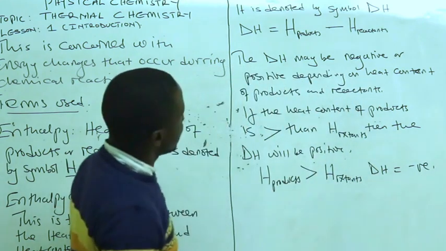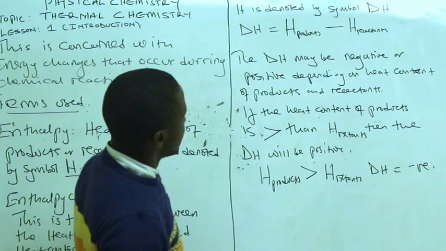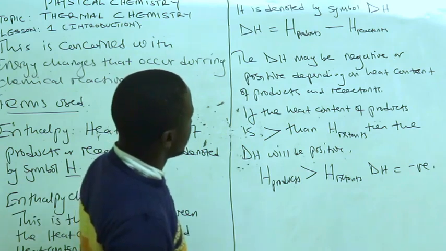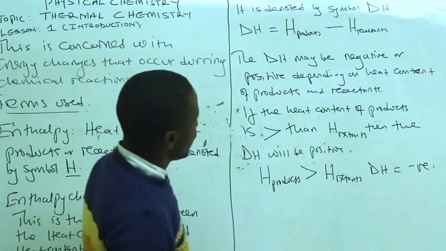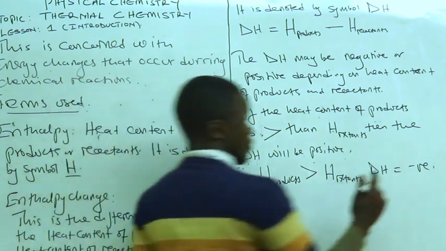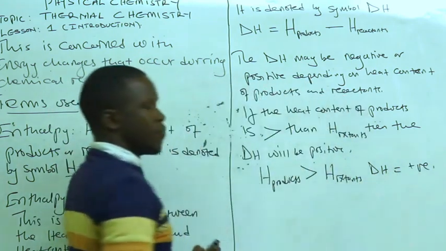If the heat content of the products is greater than the heat content of the reactants, then the ΔH will be positive, like that.